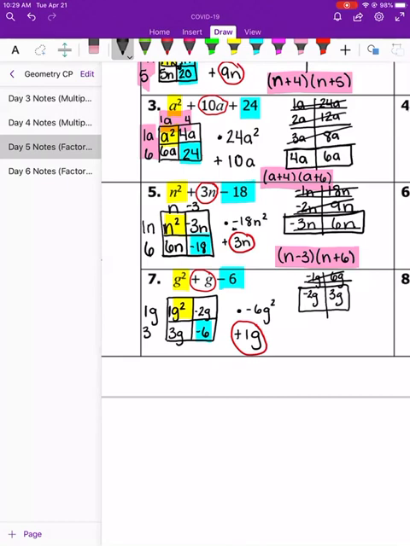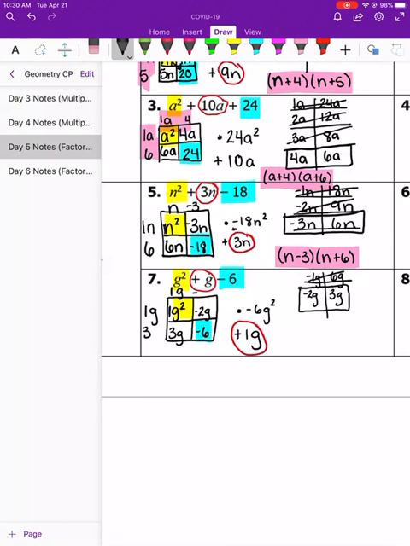Okay? Then go to your first column. So in my first column, I have a 1G squared and a 3G. Okay, well, 1 and 3, so the only thing I can take out is that 1. And then I have a G squared and a G. So I can only take out that G. And then my second column, my last column, I have a negative 2G and a negative 6. So negative 2 and negative 6.